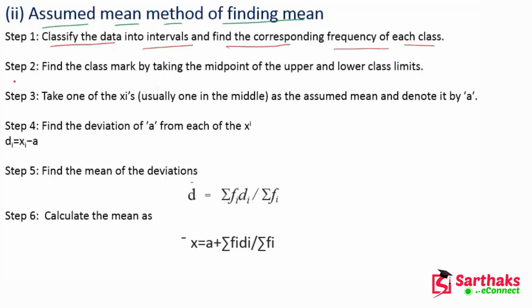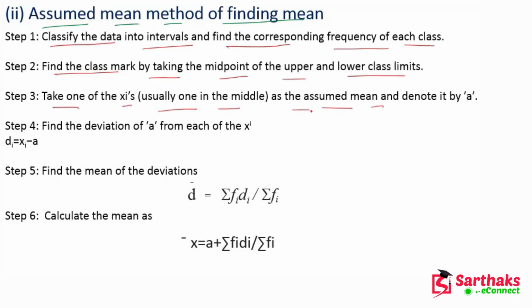Okay, so now the next step is to find the class mark by taking the midpoint of the upper and lower class limit. Third step, and this is a very important step: take one of the xi's, usually one in the middle, as the assumed mean.